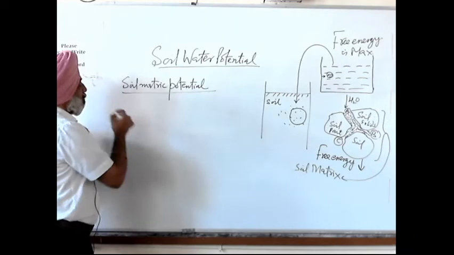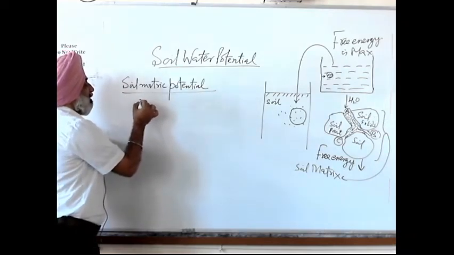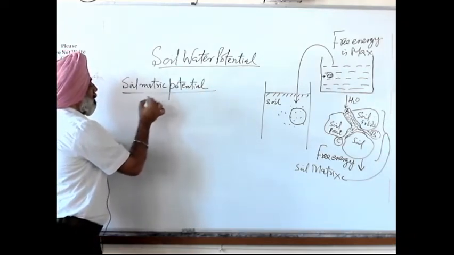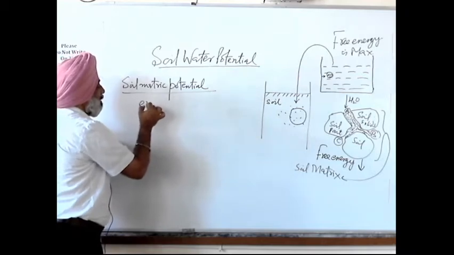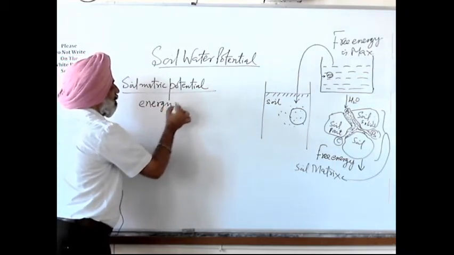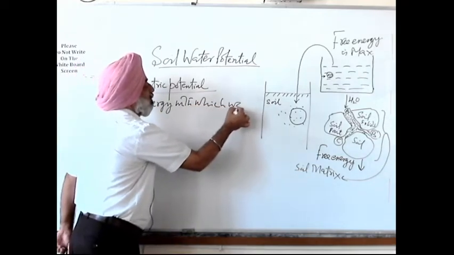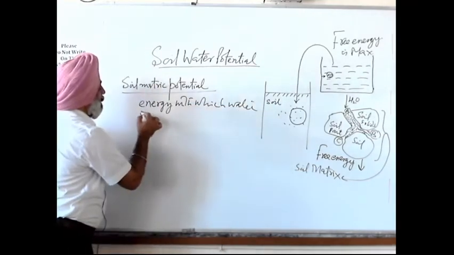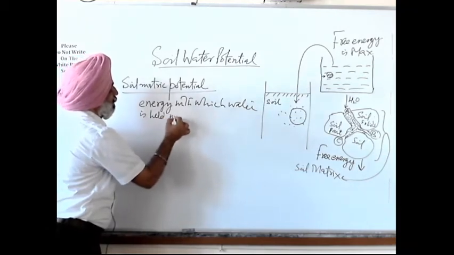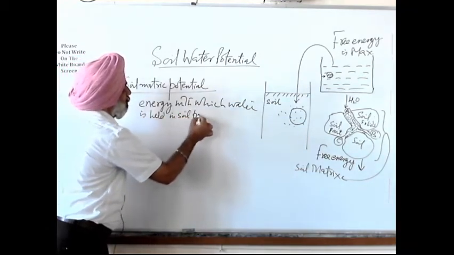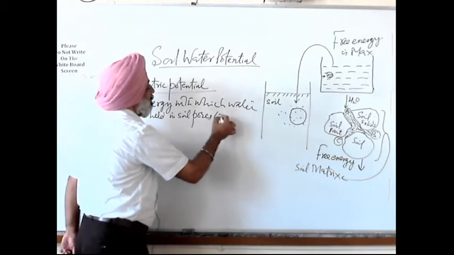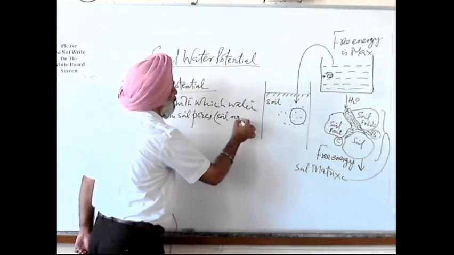So if I need to define this, can I say that soil matric potential is the energy with which water is held in soil pores, or better I should say in the soil matrix.